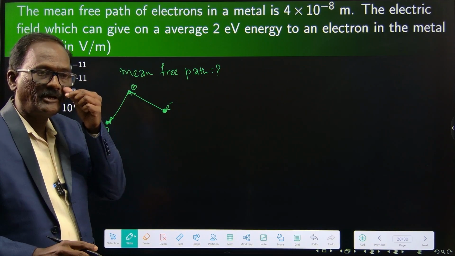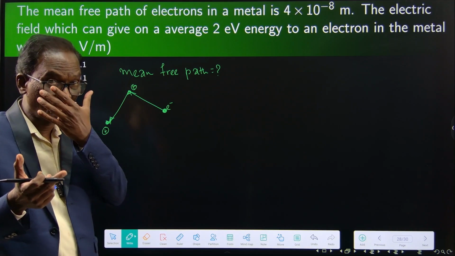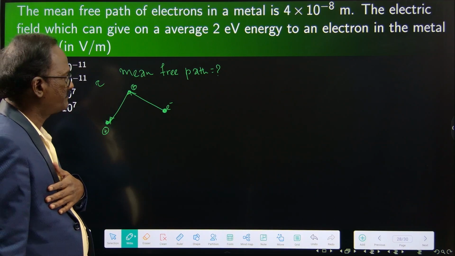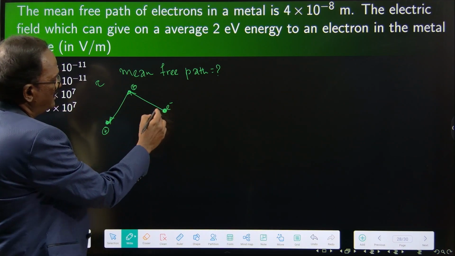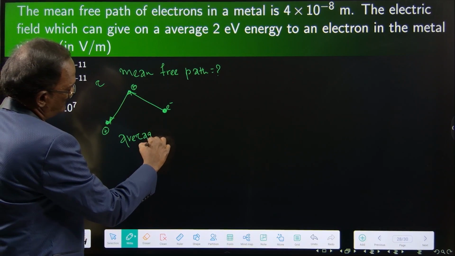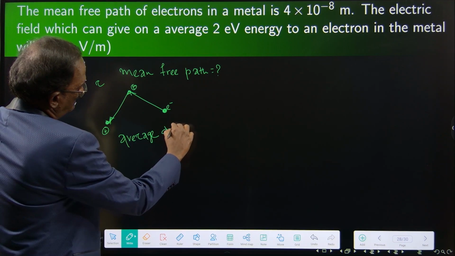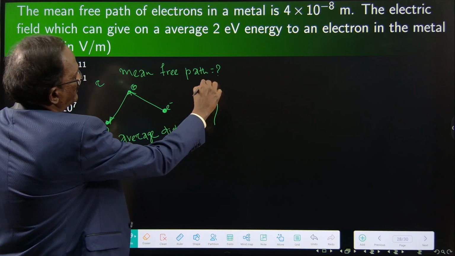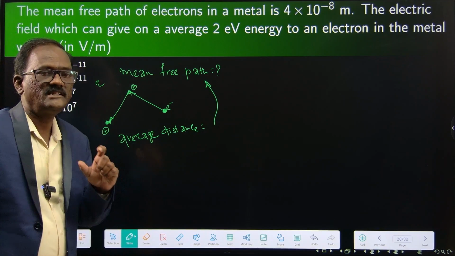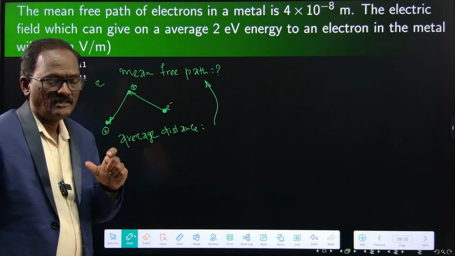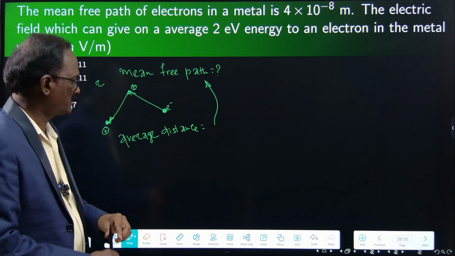The average time interval between these two successive collisions is termed as relaxation time. Then the average distance is mean free path.